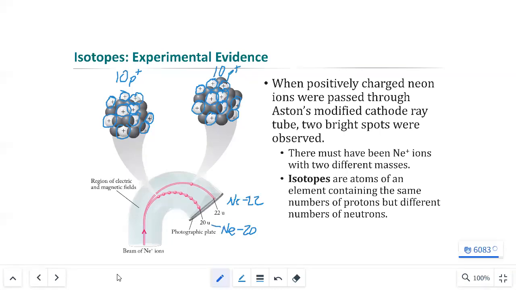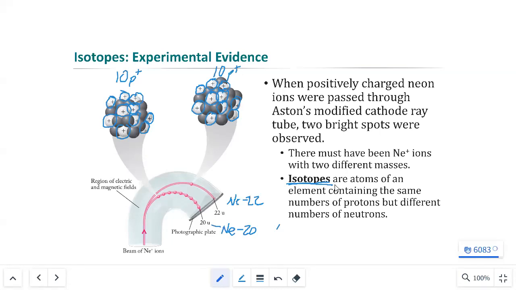So what makes an element has to do with the number of protons, which introduces the idea that if the proton number is fixed, then the neutron number must be allowed to change in order to get these different masses. And when that occurs, we call those differing versions of the same element isotopes.